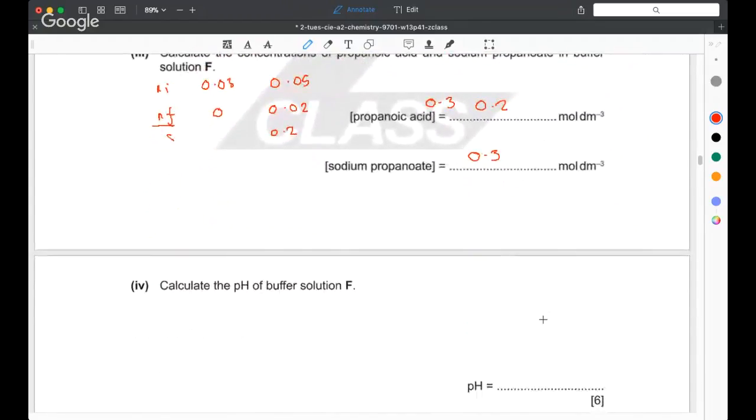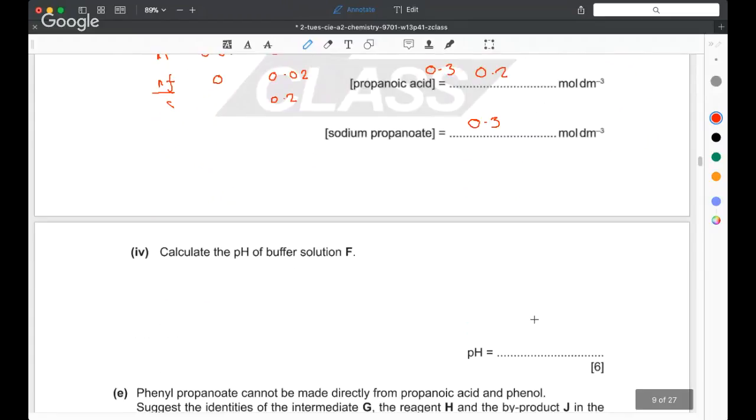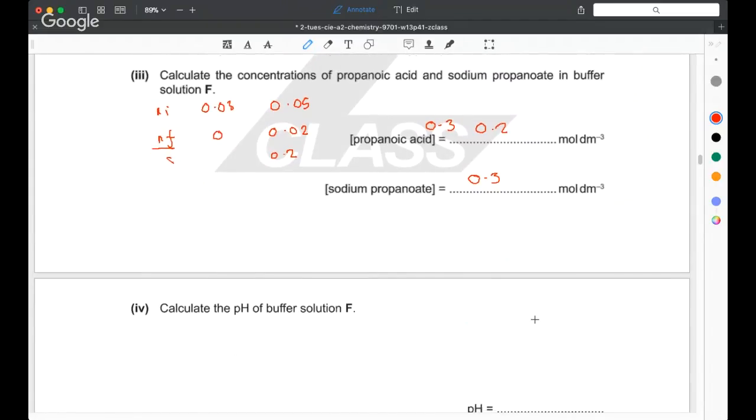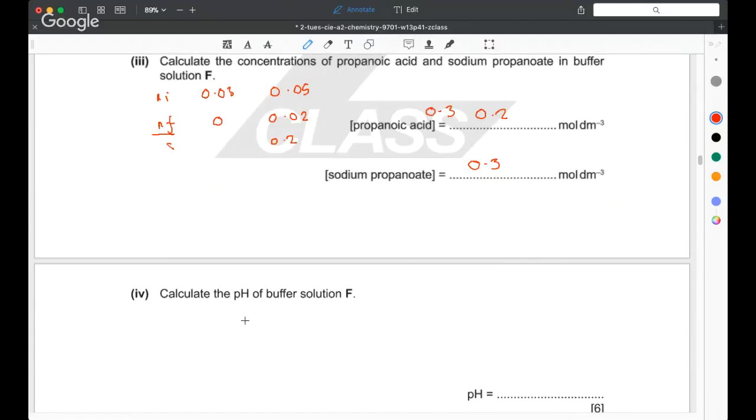So now you've done that little calculation, you've got to work out the pH of the buffer solution. Some of you may recall some equations that allow you to calculate this easily. But really, all you've got to do is use your expression of the acid dissociation constant again, where you've got the hydrogen ion concentration, the propanoate anion concentration, and the propanoic acid concentration.